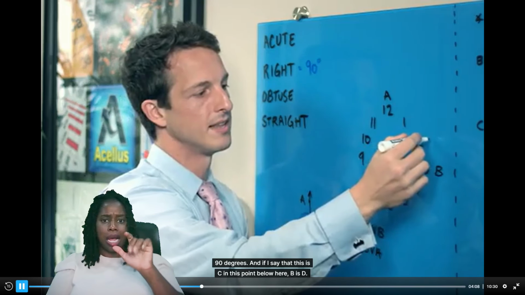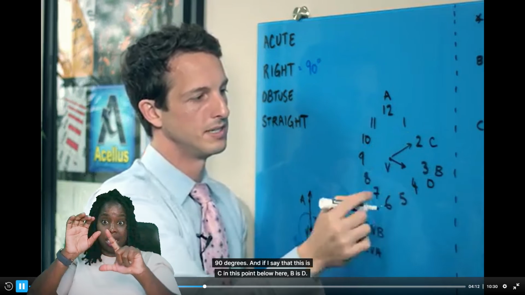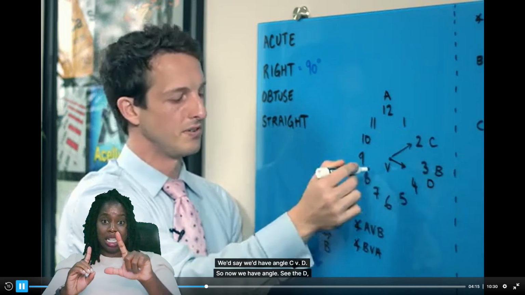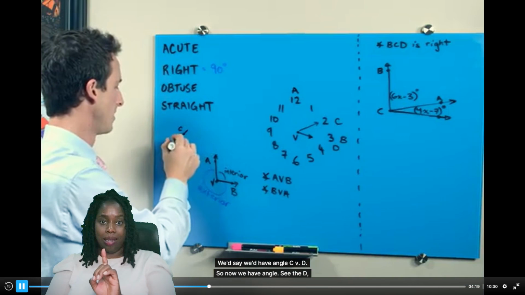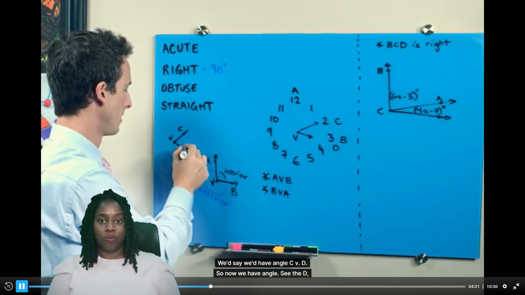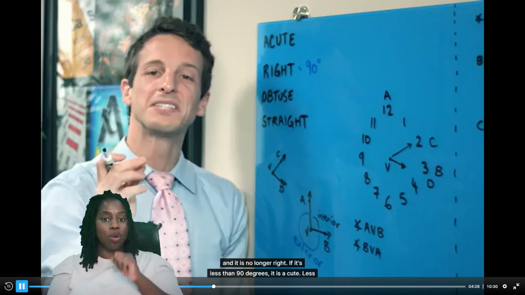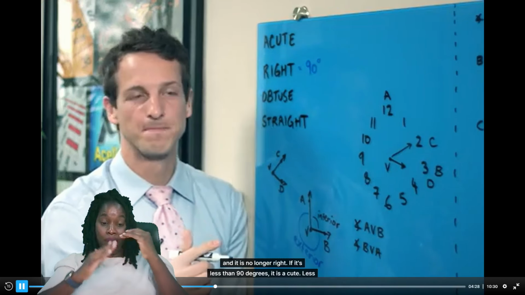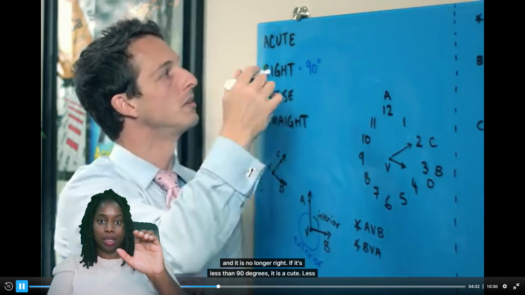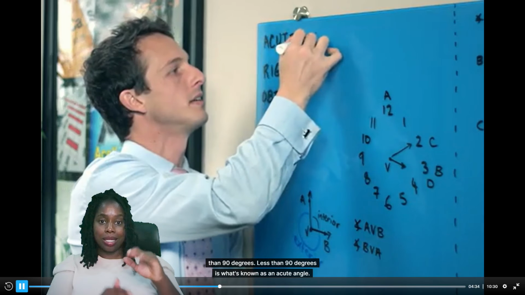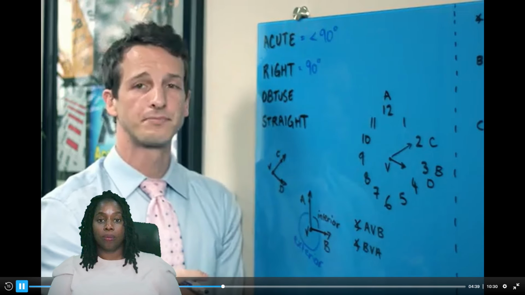And if I say that this is C and this point below here is D, we would have angle CVD. And it is no longer right. If it's less than 90 degrees, it is acute. So less than 90 degrees is what's known as an acute angle.